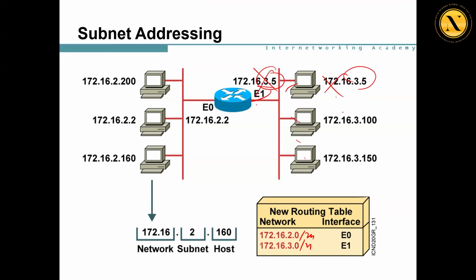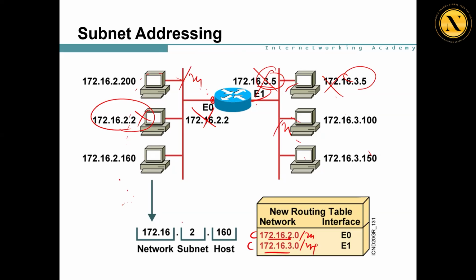So 3.1 to 3.254 you give here. And here also, you can't have this address given to the interface as well as to the end user. Right? So 2.1, 2.2, you can go up to 2.254, assuming these are all /24.